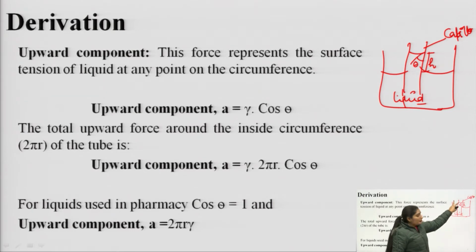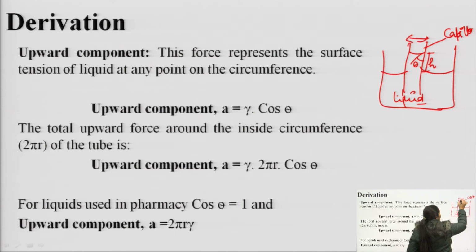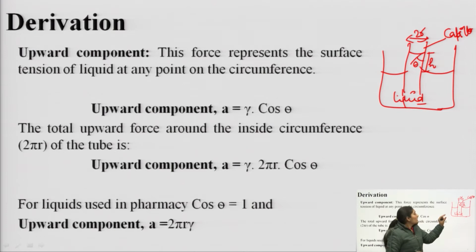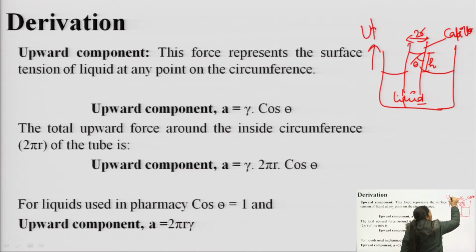So, when we place this capillary tube into the liquid, the liquid will rise into this capillary tube up to a certain height, and by measuring this height we can easily calculate the surface tension. Okay. So, this will occur due to the upward movement.